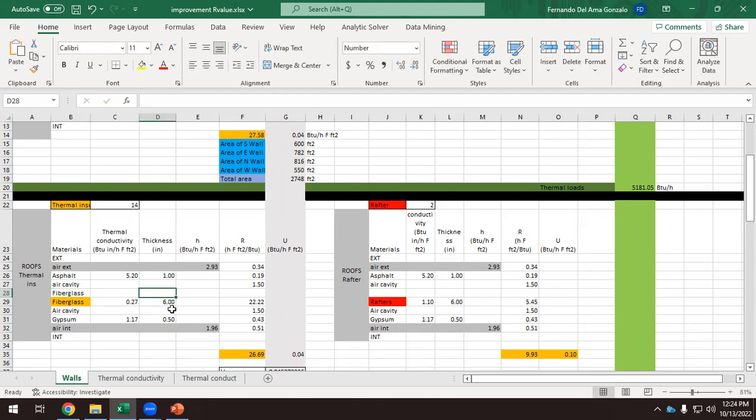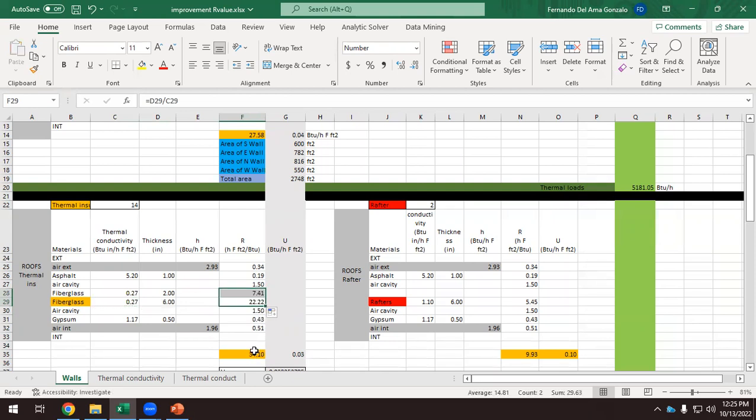The thickness is 2 inches, and the thermal conductivity is the same because it's thermal insulation. So it will be the same thermal conductivity. And here we have to drag this to calculate the thermal resistance.